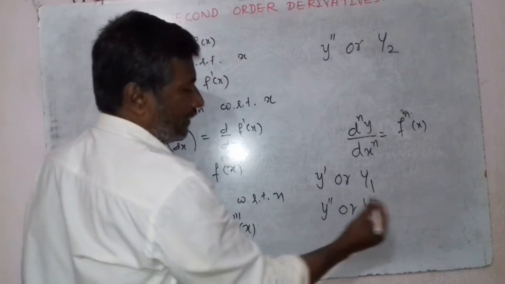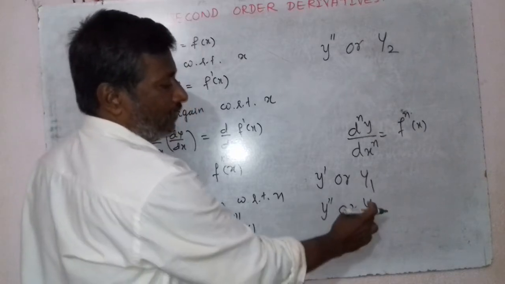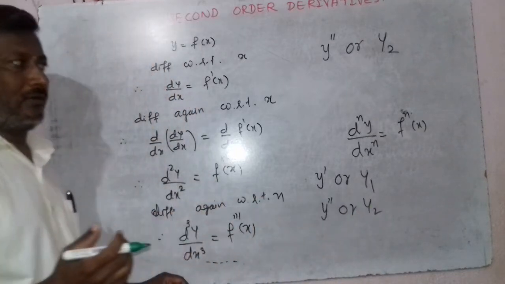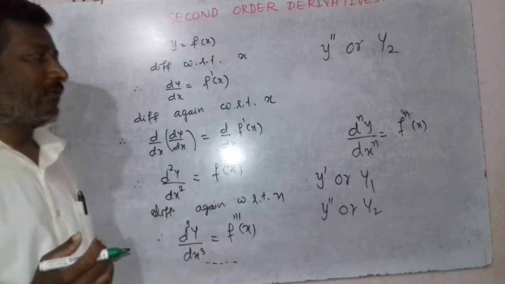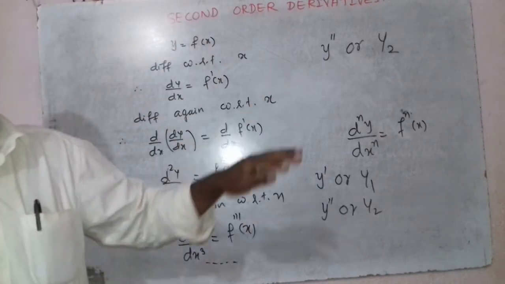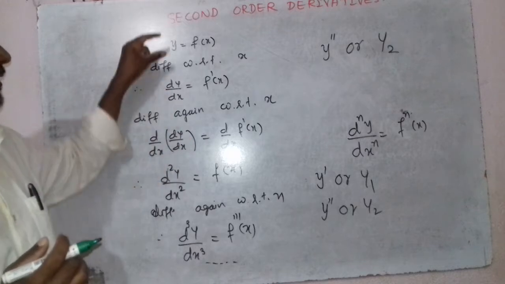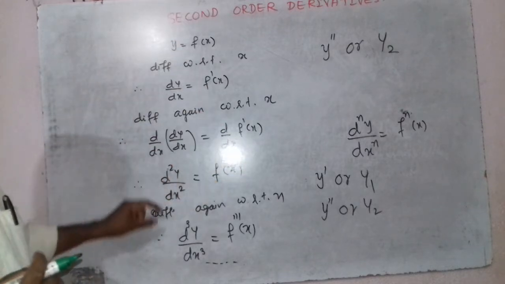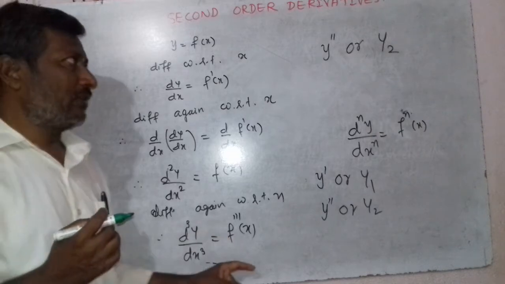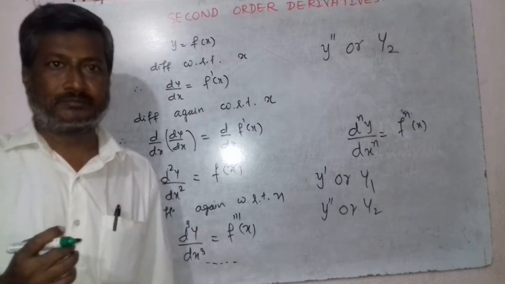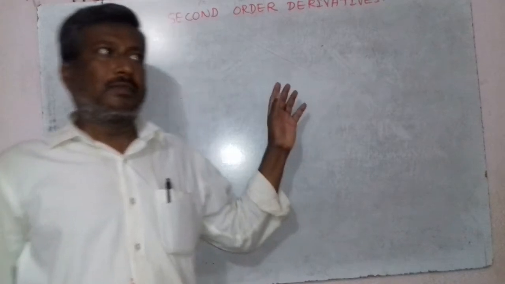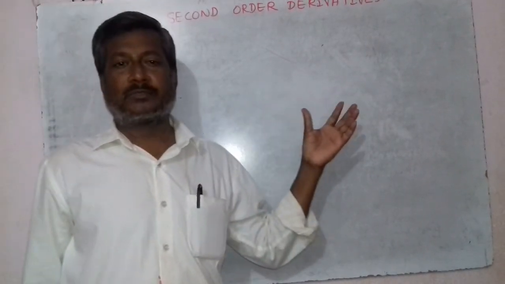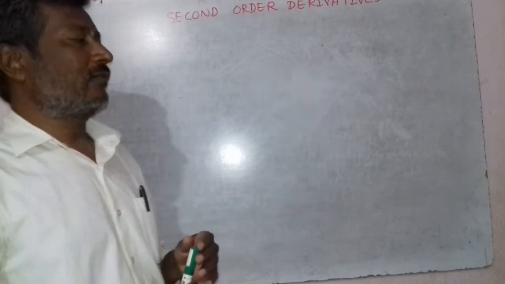Similarly, y raised to n or yn is nth order. In this way we will find the derivative of derivatives. In the present context we are restricted to the second order derivative of the function. Now let us solve some problems on second derivatives.